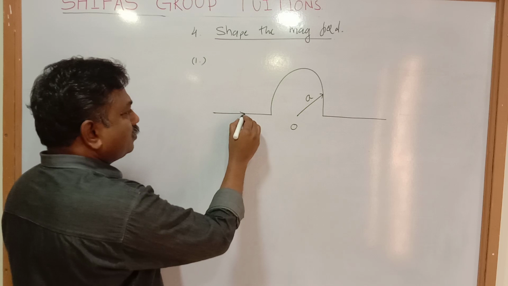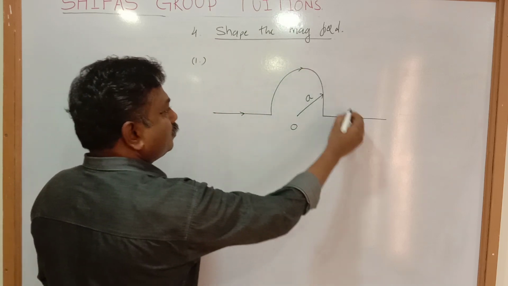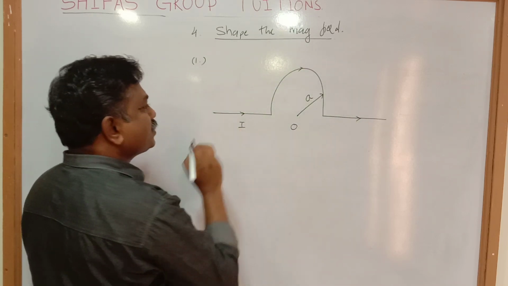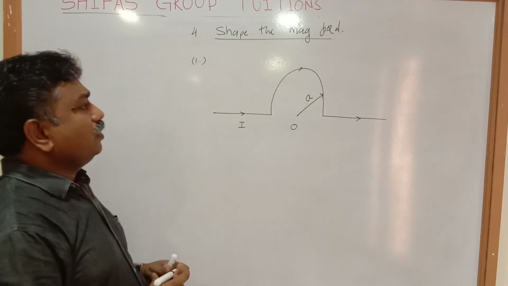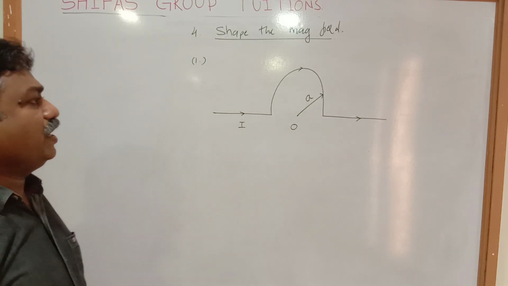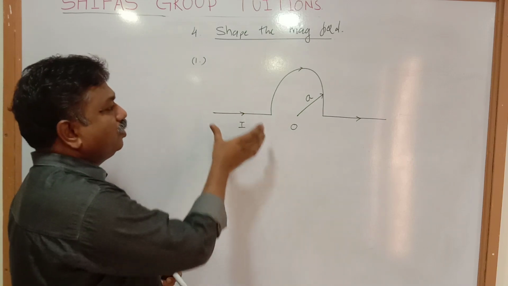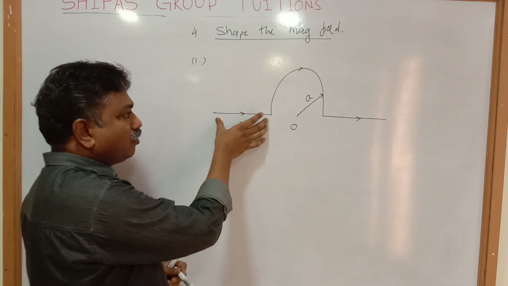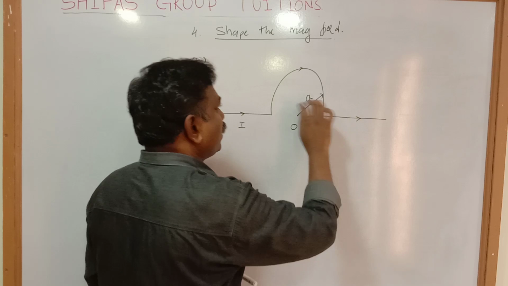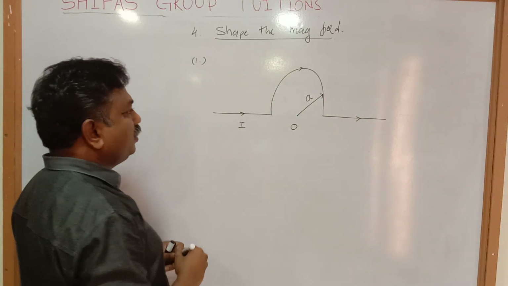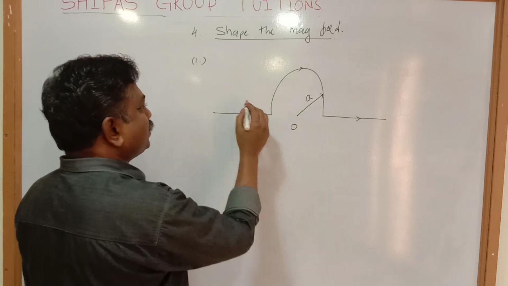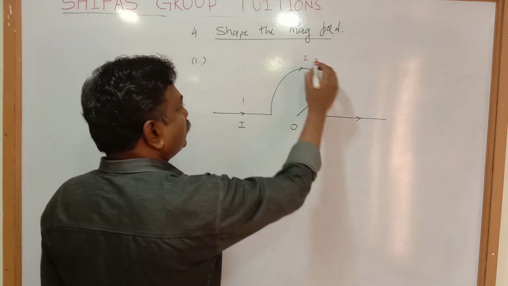Let I be the current passing through this shape. As current is passing through both straight parts and the semicircular part, we have to divide this entire shape into 3 parts.